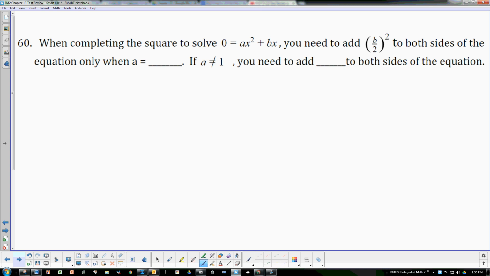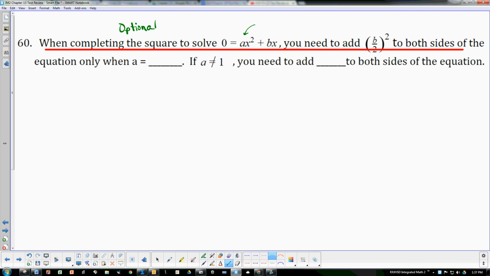All right, number 60. I believe that we made this one optional also, because I did include possibilities when a does not equal 1. So here goes. It says, when completing the square to solve this, you need to add b over 2 squared to both sides of the equation only when a is equal to, well, everyone better know this, it should be 1.